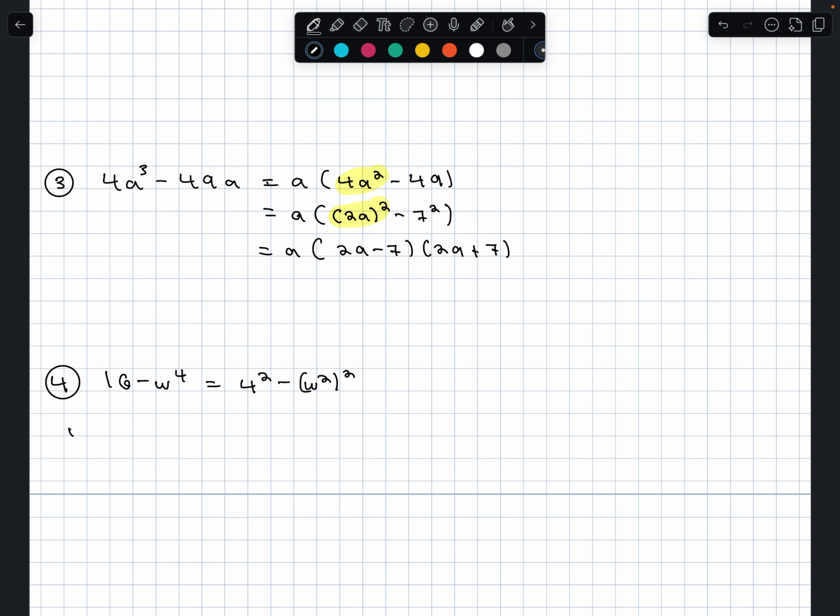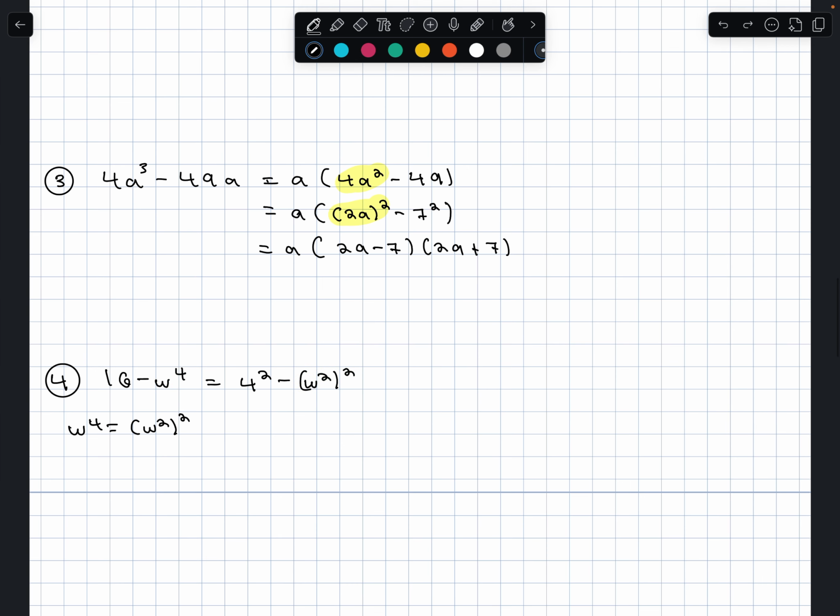This is using the fact that w to the 4 is the same thing as w squared squared, just like exponent properties. Okay, but by difference of squares, this is just 4 minus w squared times 4 plus w squared.